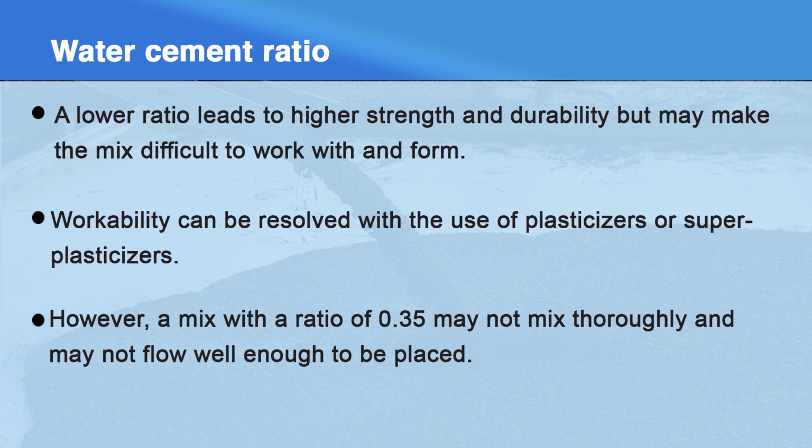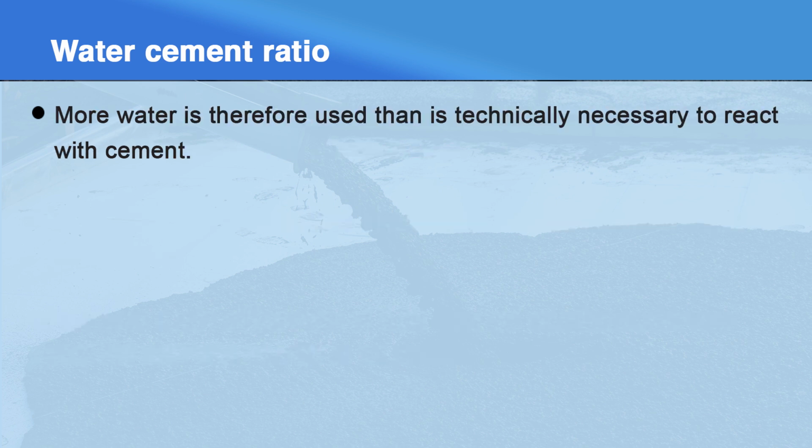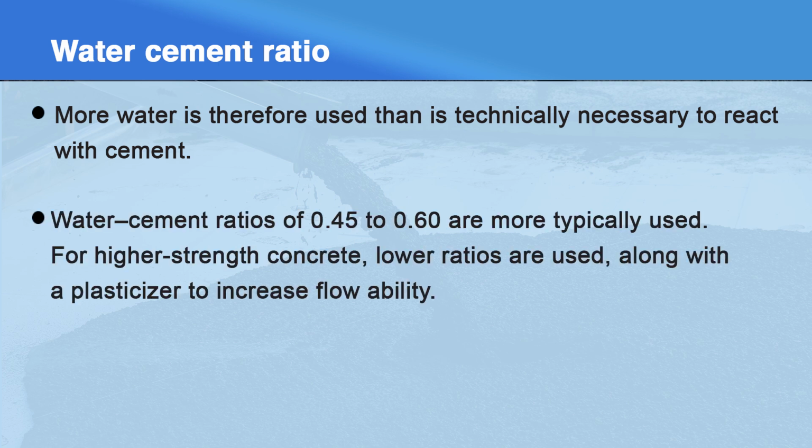However, a mix with a ratio of 0.38, that is the minimum water ratio required for complete hydration and gel formation, may not mix thoroughly and may not flow well enough to be placed. More water is therefore used than is technically necessary to react with the cement. Water cement ratios in the range of 0.45 to 0.6 are more commonly used.